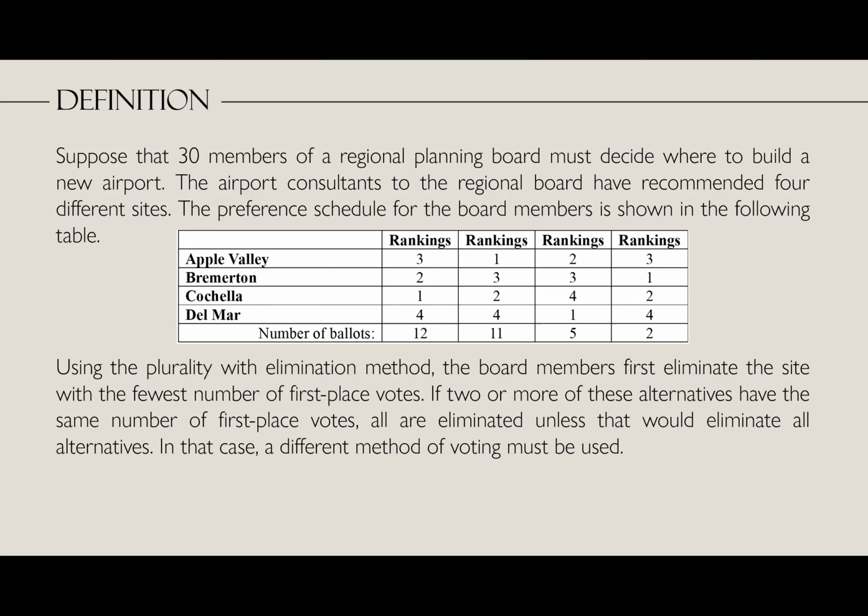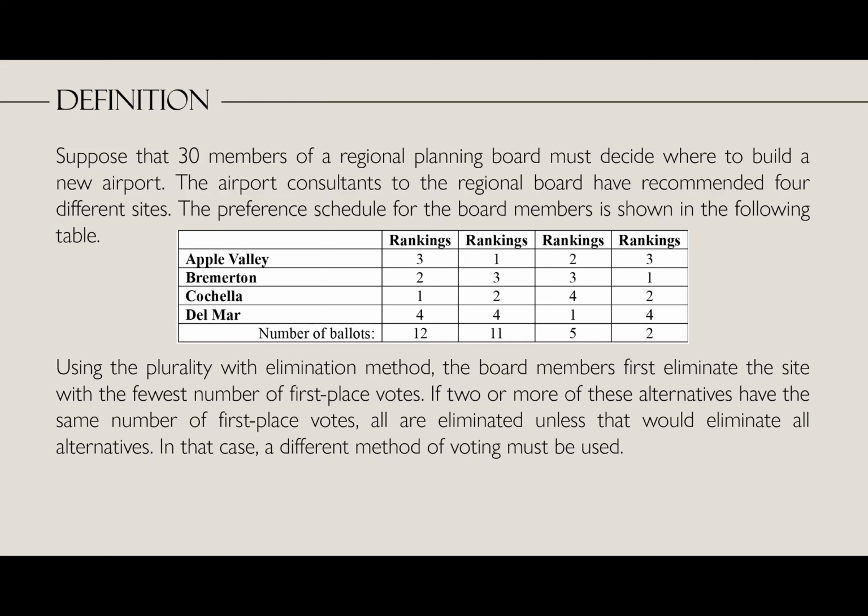In our plurality with elimination method, what we're going to do is count who has the most first place votes and then who has the least. I should have said we really care about the least votes. Because what happens with the least votes? The option with the least amount of votes for first place gets eliminated.